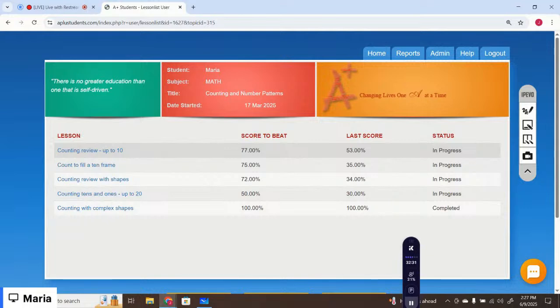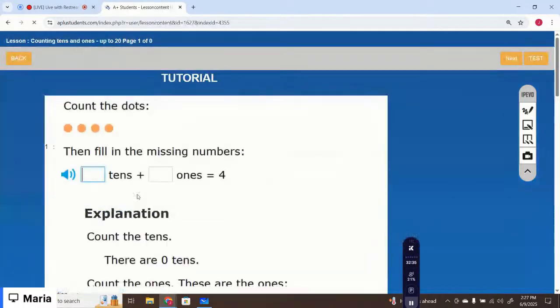Counting tens and ones up to 20. Now count the dots. There are four dots. So that means we have zero tens and four ones.